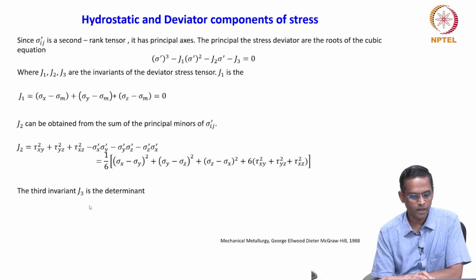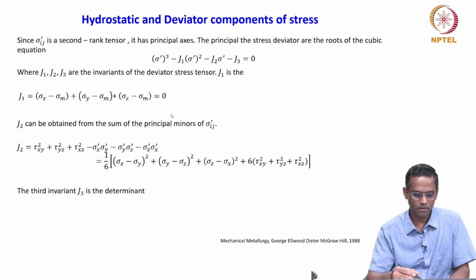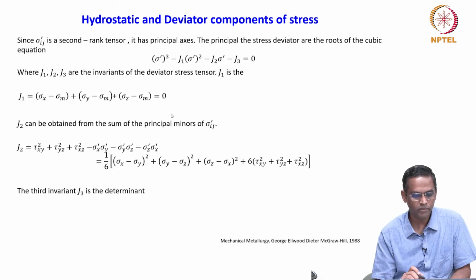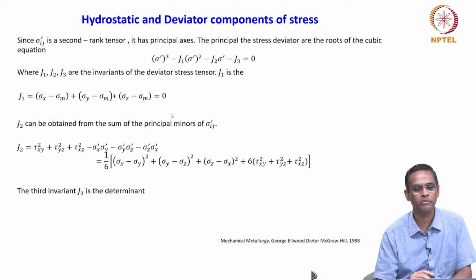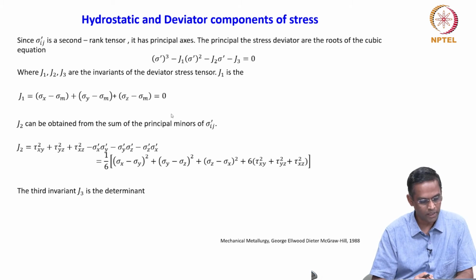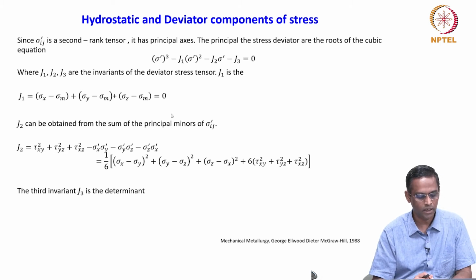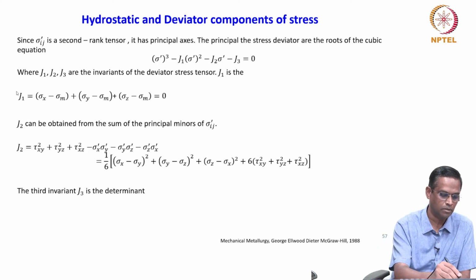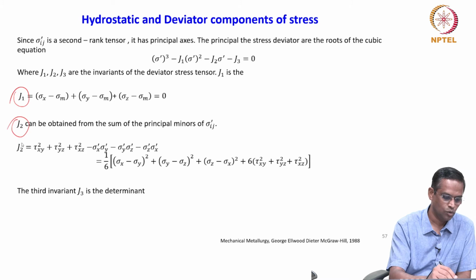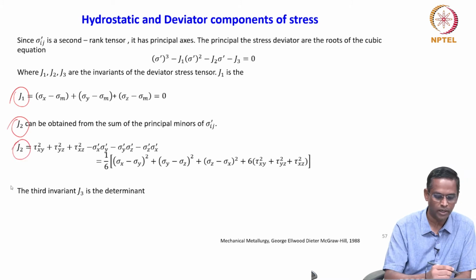So these particular invariants I am showing because of some of the yielding theories. We will be looking at several yielding theories, and some of them will directly quote this J2 invariant, J1 invariant.